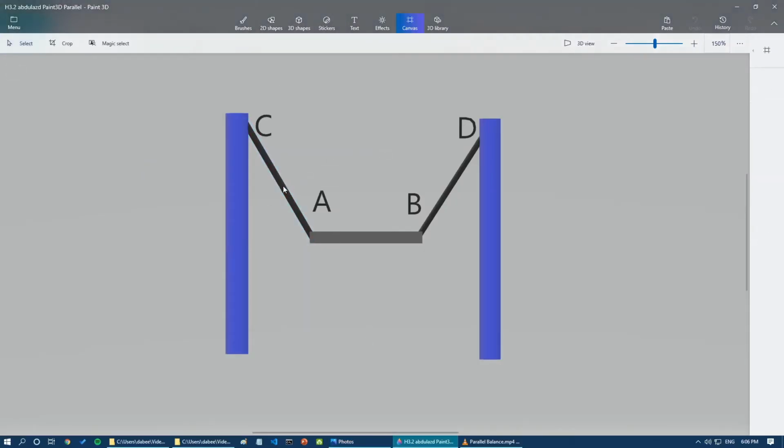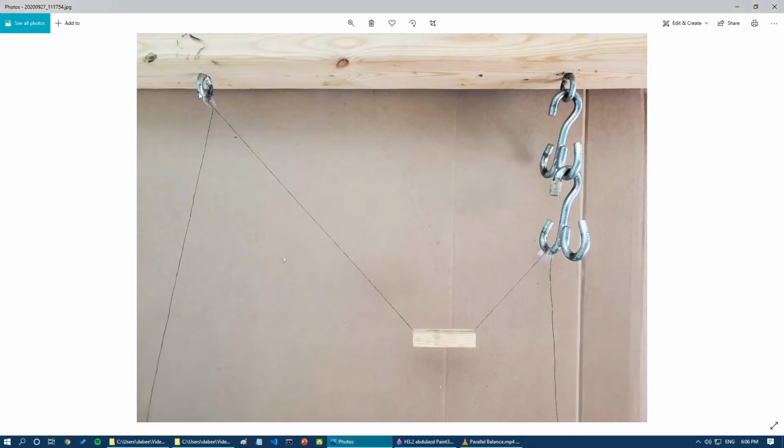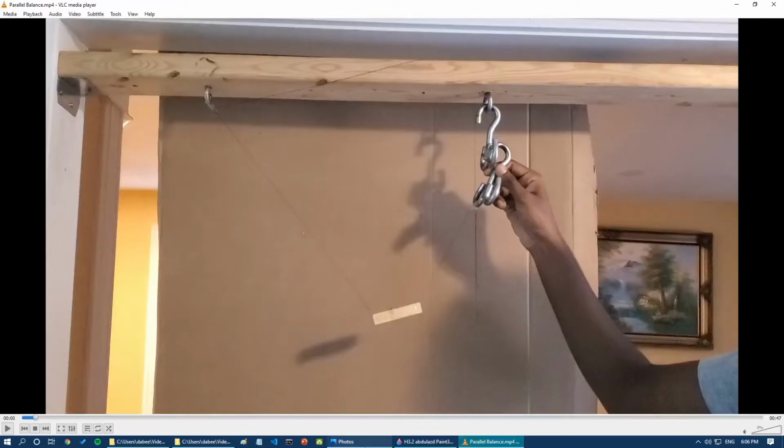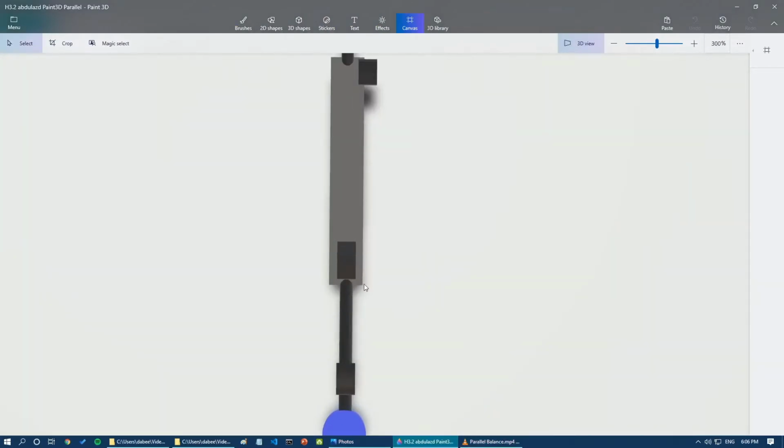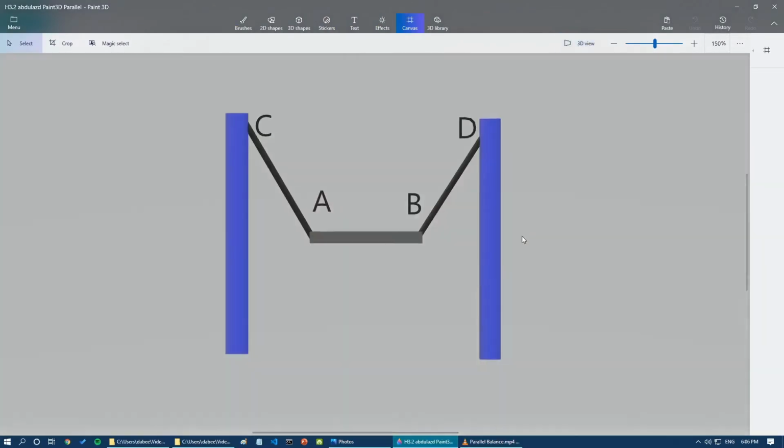It's not like there's any other extra string coming out of anywhere. So I wanted the strings to be of a fixed length. I taped them over to the ring fixtures and the hook, and then I also taped them to the wooden block in such a way that it was connected to the midline of the block, just like what was shown here. It would be taped like this, taped like that.